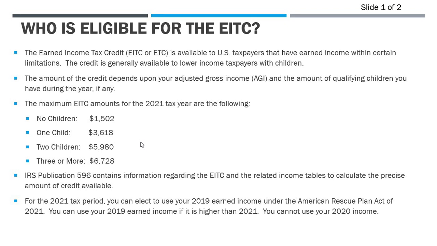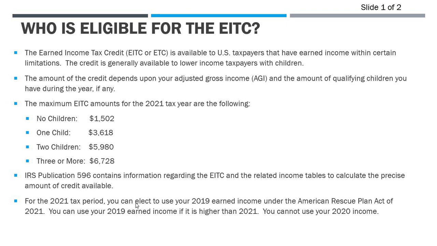And when we look at the tables, you'll see exactly what I mean there. So the publication 596, this is very good information. And again, you're going to need this to be able to look at the tables. But they have a lot of information about who can qualify and what are the precise rules and things like that. So it's a good resource to look at. And then again, like I said, you're going to need it anyway to look at the tables.